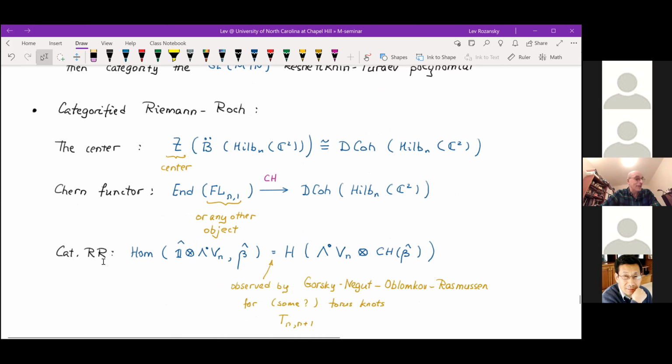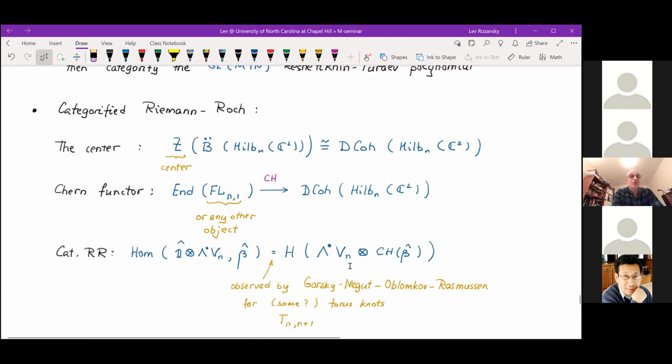And categorical Riemann-Roch says that Hom between the identity braid tensored with something and any braid is isomorphic to homology of the Chern character, to homology of the sheaf, the complex of sheaves associated to the braid tensored with the sum of exterior powers.